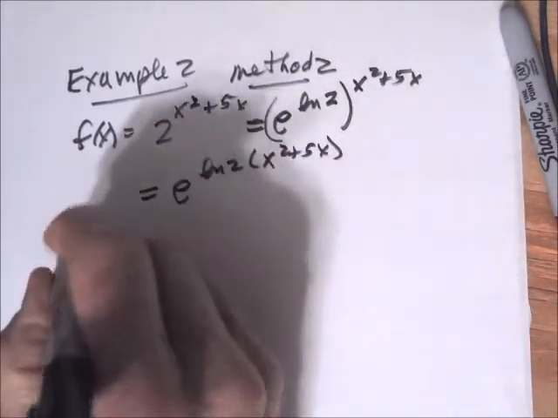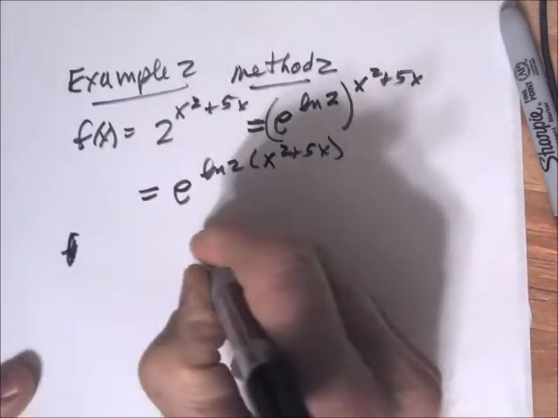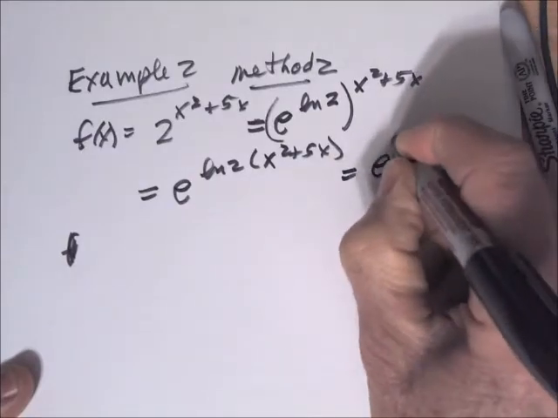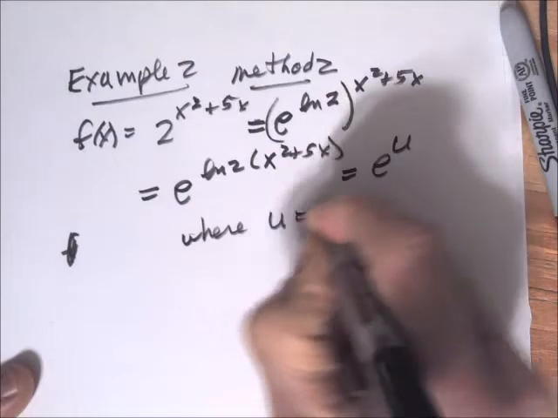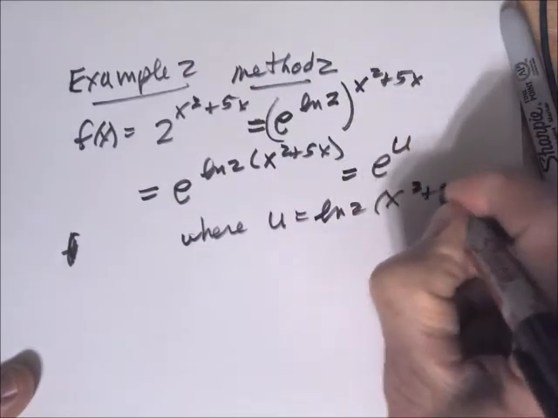And so f prime of x, now we'll do a substitution. Let's let u, so this is going to be e to the u, where u is equal to ln 2 times parentheses x squared plus 5x.